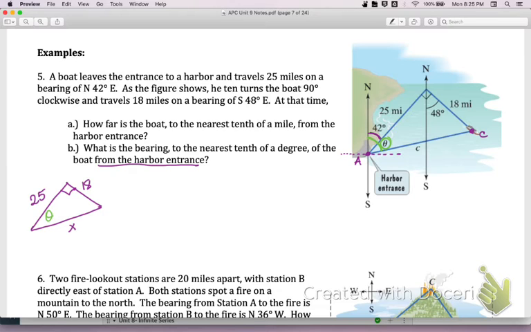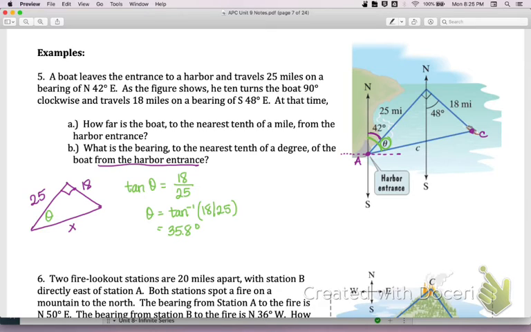So if we come back to our sketch of the right triangle, here's theta right here. Well, we can solve for theta using tangent. So we know that the tangent of theta is equal to opposite over adjacent. And so to solve for theta, we need to do the tangent inverse of 18 divided by 25. And so we put that into our calculator, and we should get 35.8 degrees.